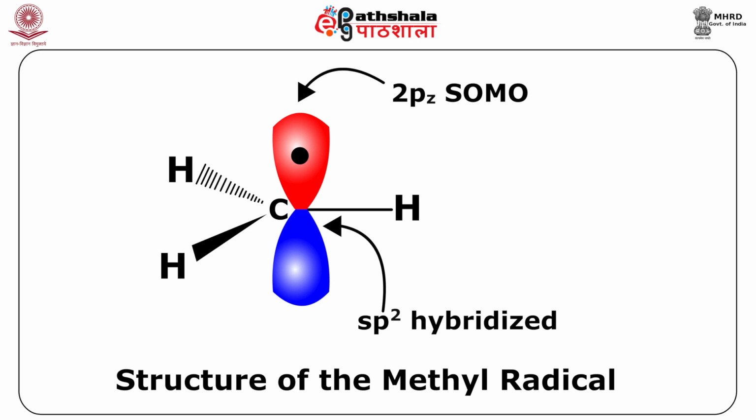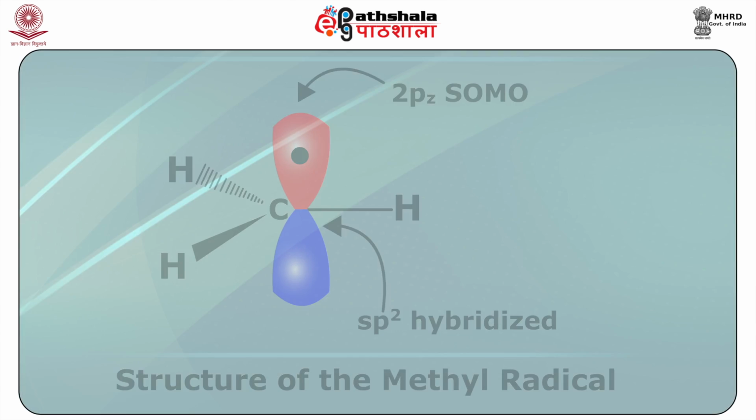SOMO is of special importance to free radical chemistry. And note that in this structure, the 3 hydrogens and the carbon are in a trigonal fashion in a plane, and the p orbital is perpendicular to this plane, and this p orbital has the unpaired electron.